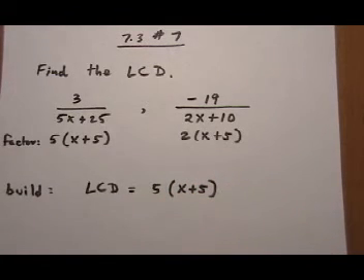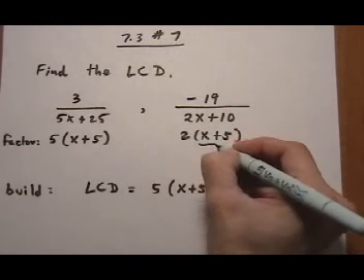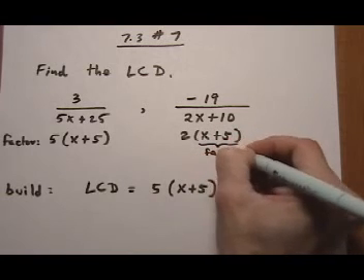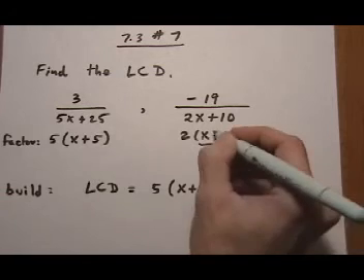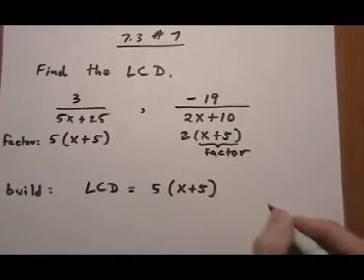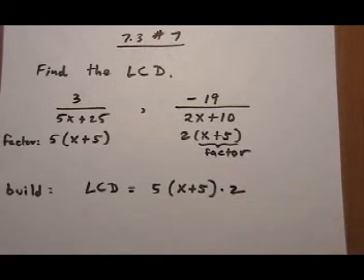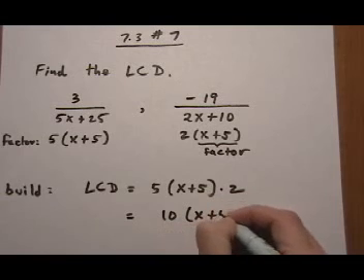And now we put in any missing factors from the second one. We've already got x plus 5, and this entire x plus 5 in parentheses is one factor. Right, so we're never going to take just the x or the 5 separately. Take the whole thing. And the only piece missing is the 2. So that means our LCD is 10 times x plus 5.